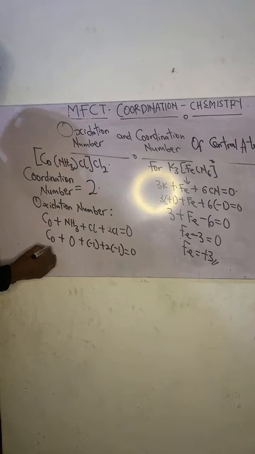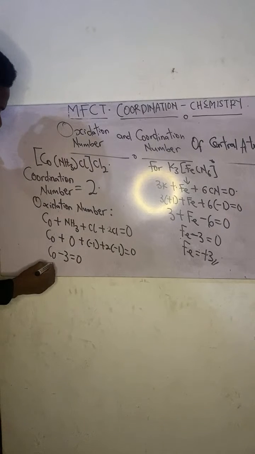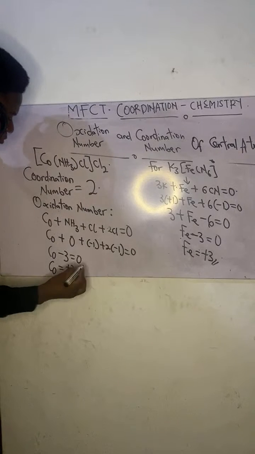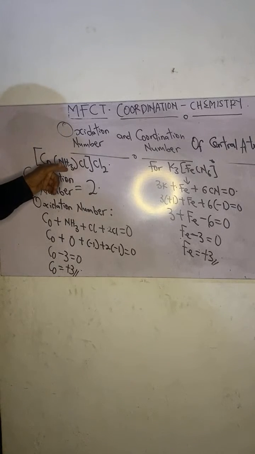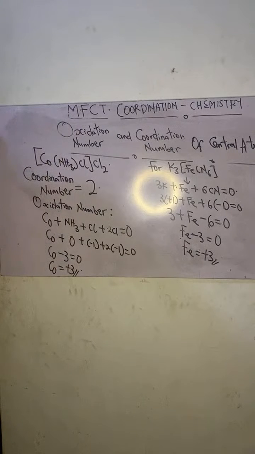So this will now turn to Co plus 0 minus 3 equals 0. So the oxidation number of Co would be plus 3. So that is how to do it. You have to treat the oxidation number of the neutral ligand as 0.